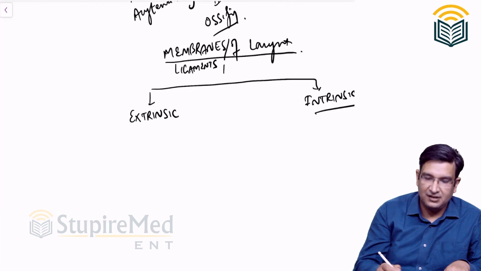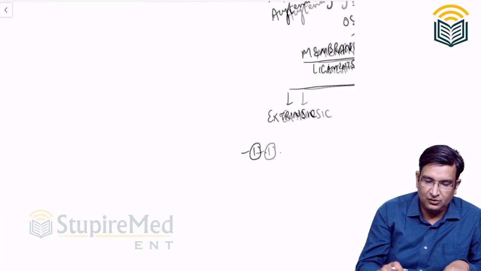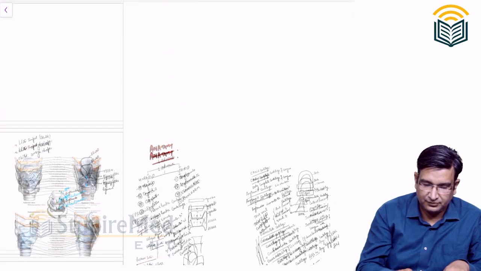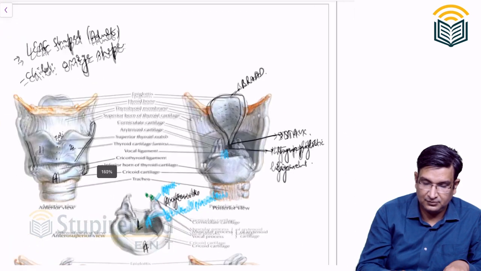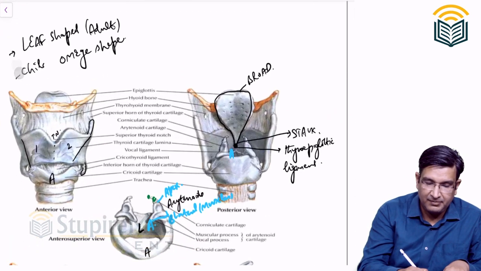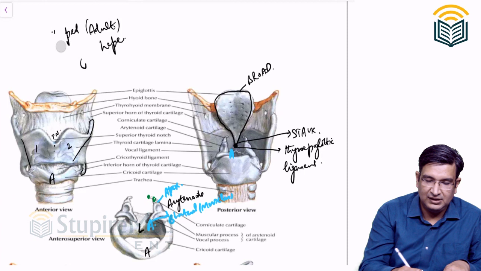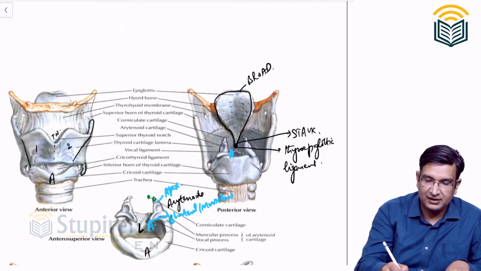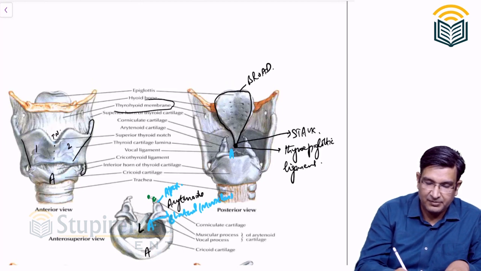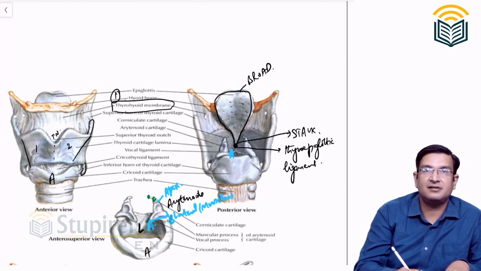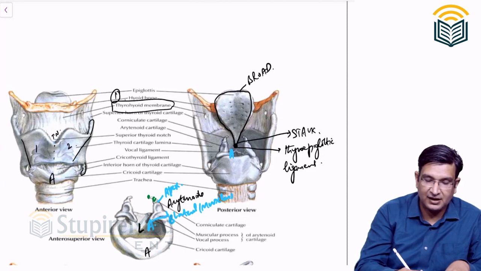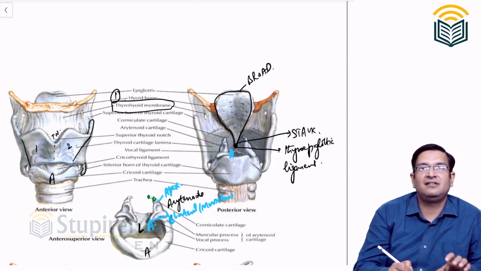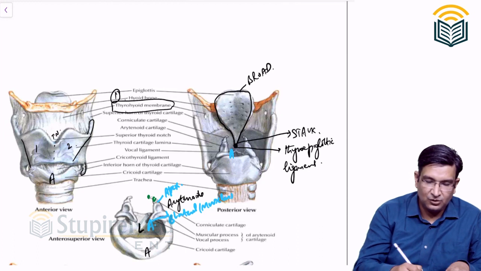So extrinsic are 3 in number. If you see this picture, one membrane connects the thyroid cartilage with the hyoid bone. This membrane is called the thyrohyoid membrane. And this membrane is thickened at 2 places.